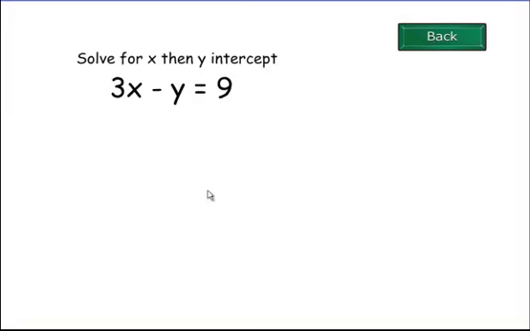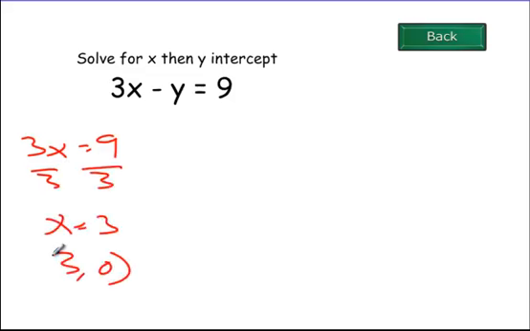So pretty good practice. Solve for x and then the y-intercept. So x-intercept means I'm going to make y 0. So I'm taking my equation 3x equals 9. I made y 0, so I just get to get rid of it that way. Divide by 3, divide by 3, x equals 3. 3, 0, x is 3, so x in my ordered pair is 3.